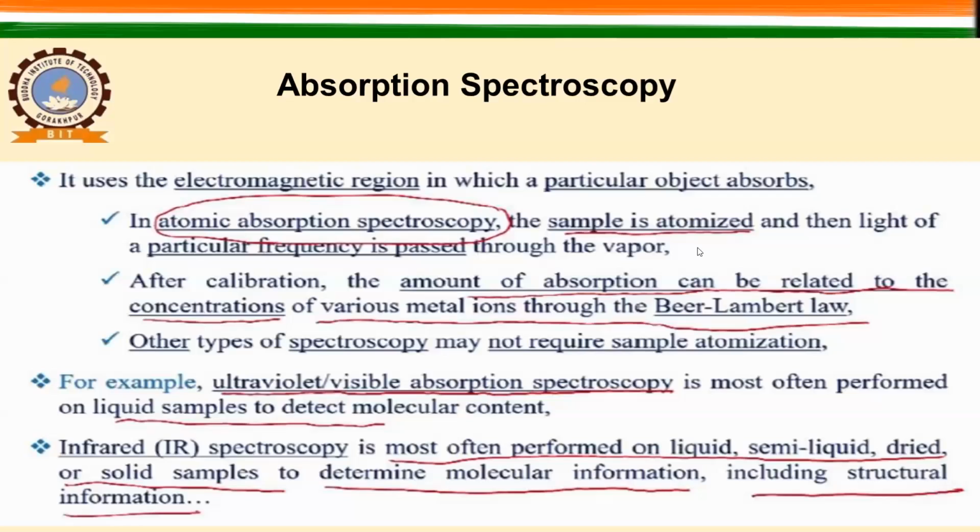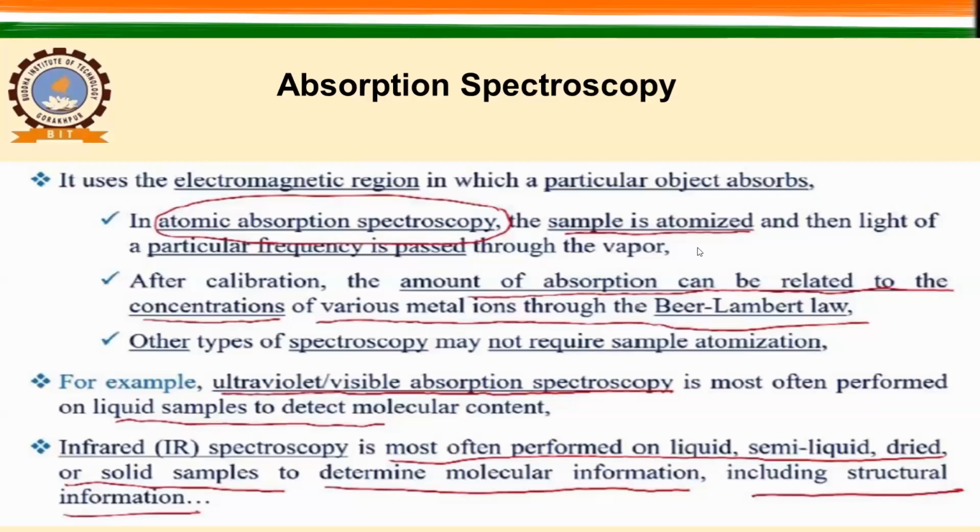So after the calibration, the amount of absorption can be related to the concentration of various metal ions through the Beer-Lambert law. Other types of spectroscopy may not require sample atomization because it depends on the instrument. It depends on the instrument and the technique which you are using.